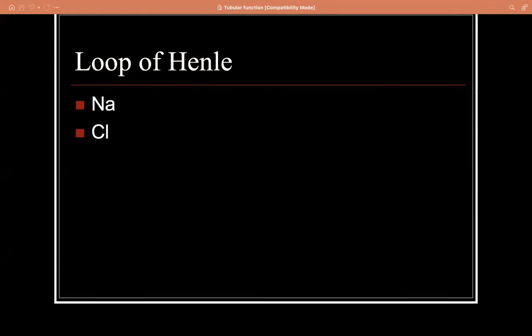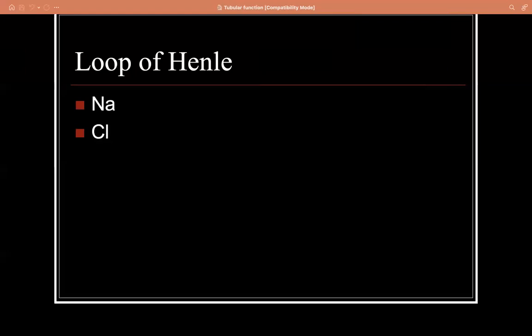Now, let's go back to the Bowman's capsule. Within the Bowman's capsule, within the proximal convoluted tubule, the osmolarity of the filtrate is exactly that of plasma, which is 290 milliosmoles per liter.